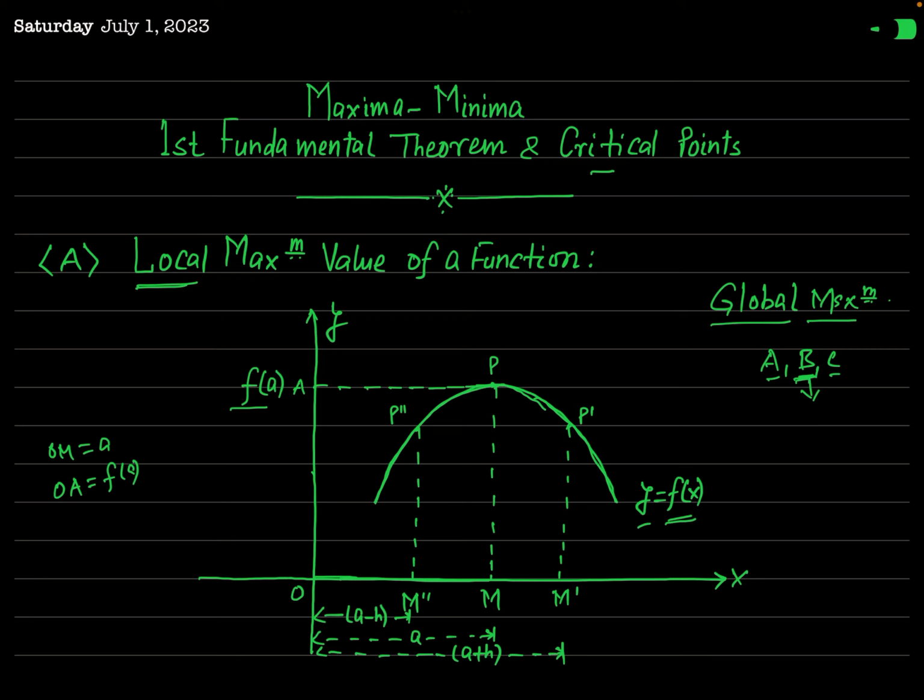Now, corresponding to this close point P dashed, which is close to P, the x coordinate is what?